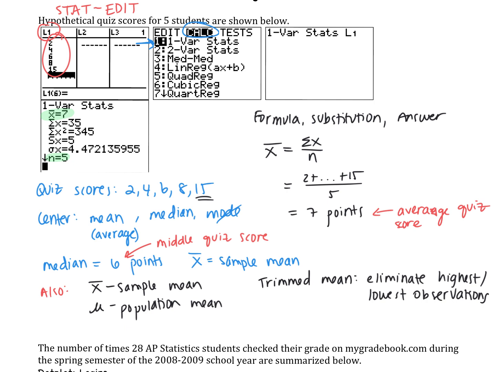I think the thing that is hardest to remember with the trimmed mean, that hopefully you read about, is that the trimming percentage that you are given is off of both ends of the data set.